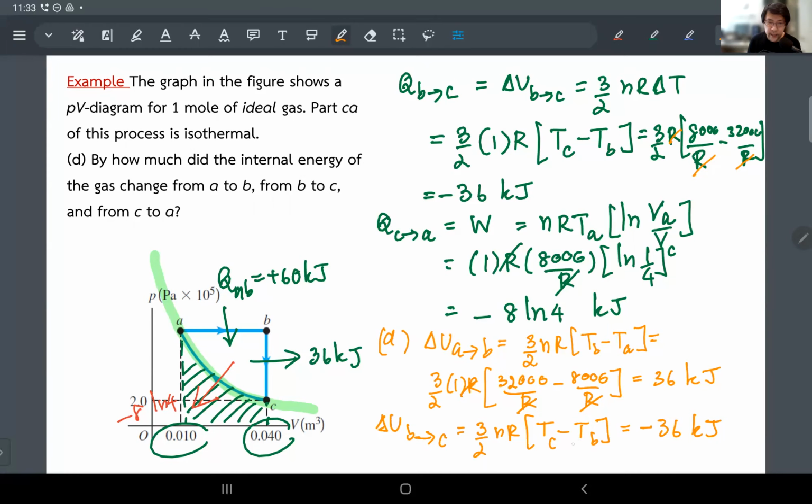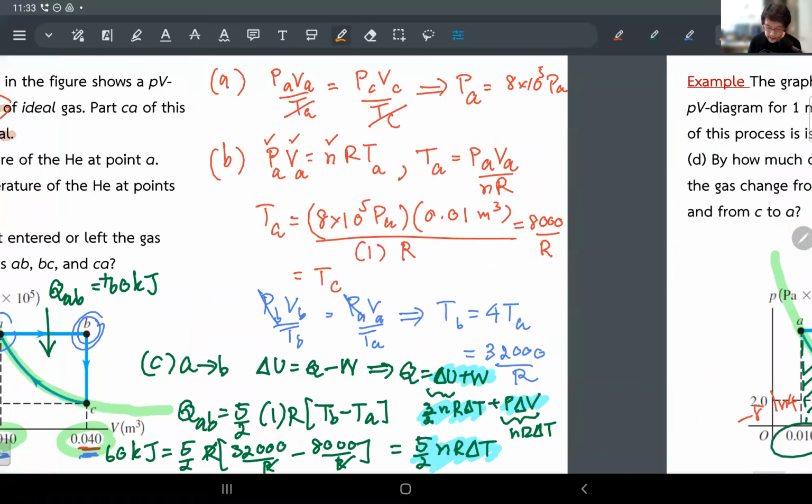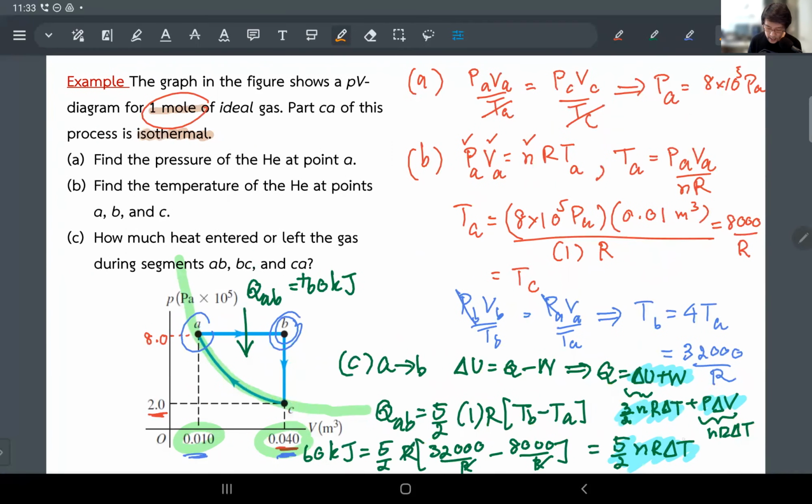QA to B is 60 kilojoule, and the area under the curve, right here, there you go, is going to be height times width. WAB is 8 times 10 to the 5th and 0.03 cubic meter.